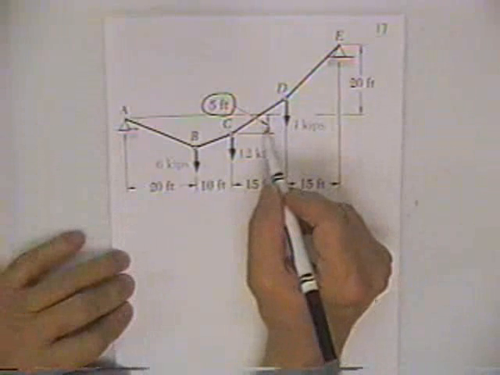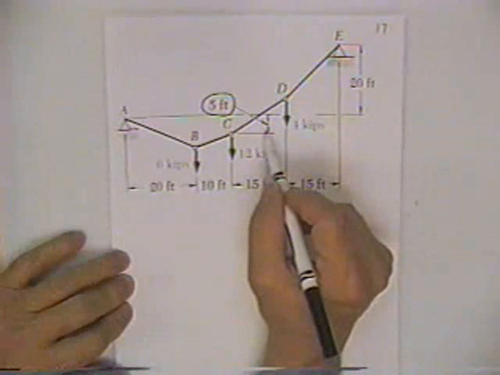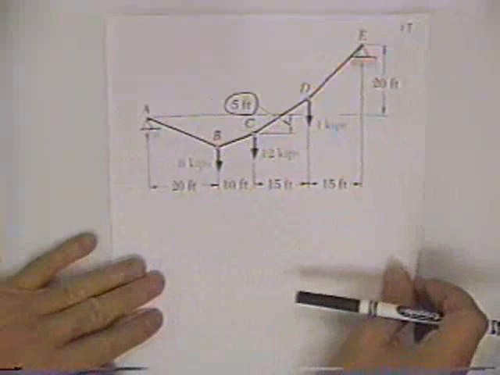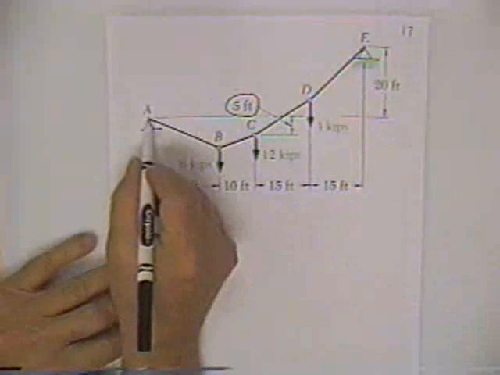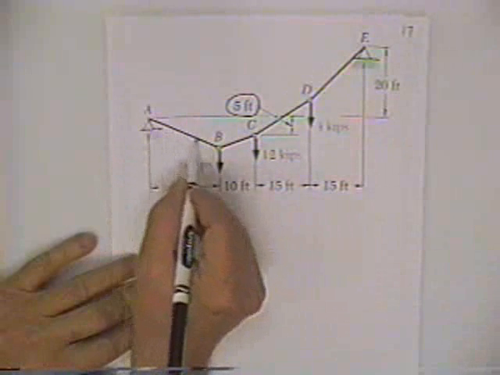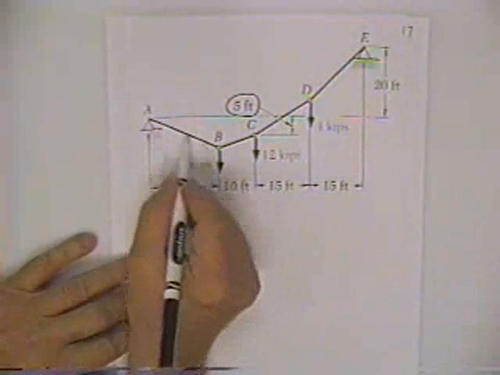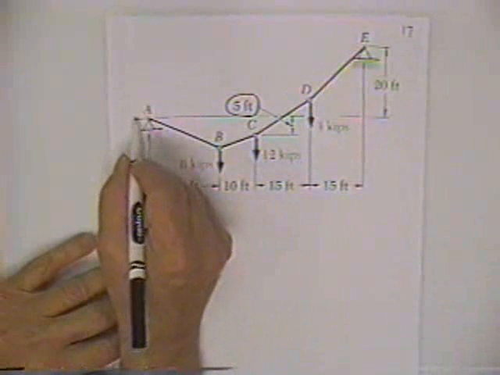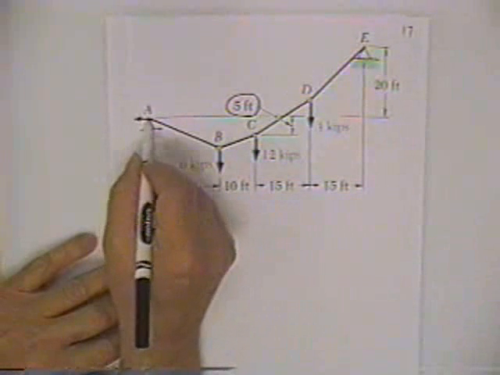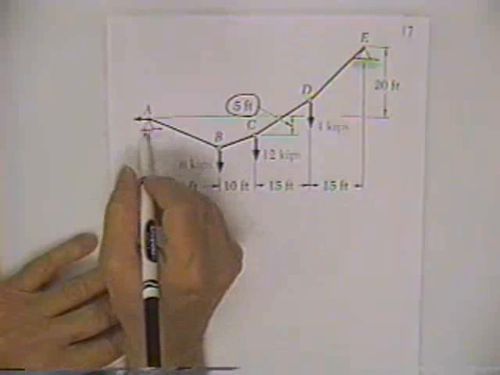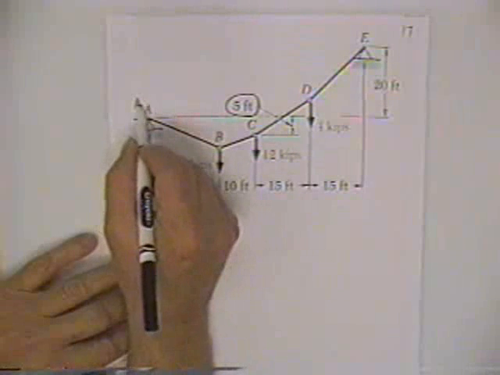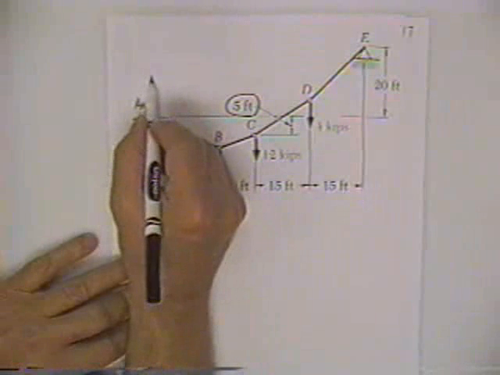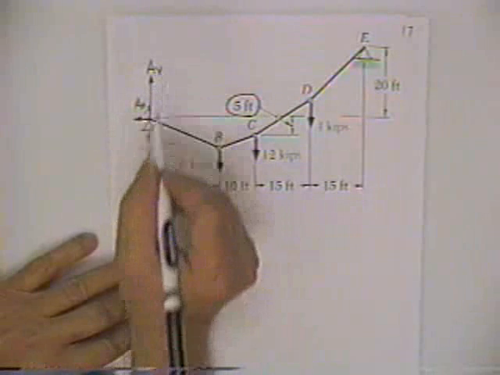Now, this set of forces causes a pull on A, and that pull on A is directed along the axis of AB. But again, to make our life easy, we can break this force into two components: an A horizontal component and an A vertical component.